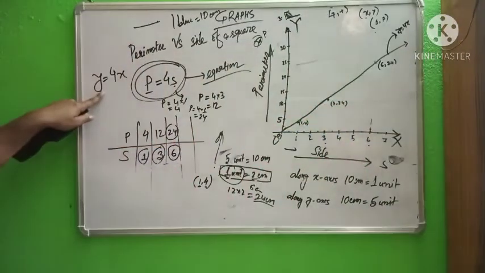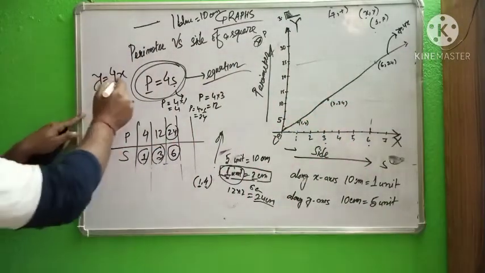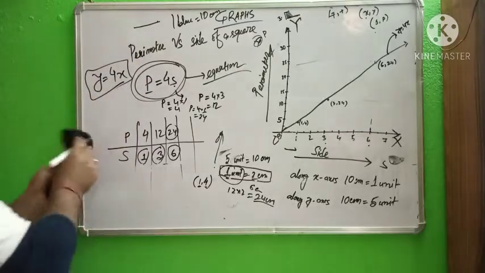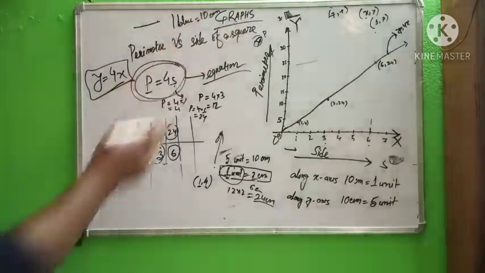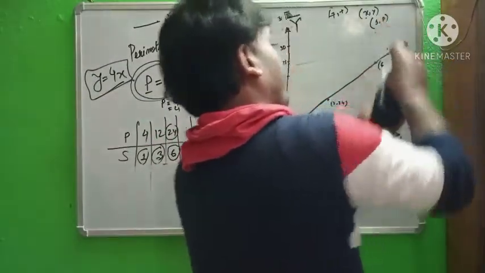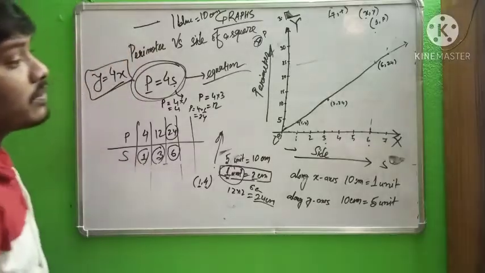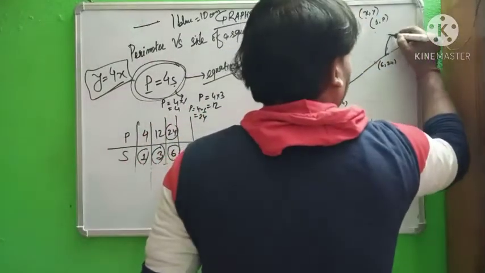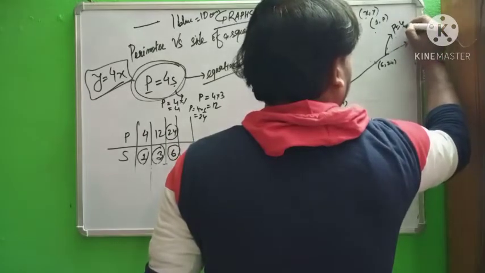If this kind of question is given in your book, that's why I am telling it now. So this is the graph for y equal to 4x.